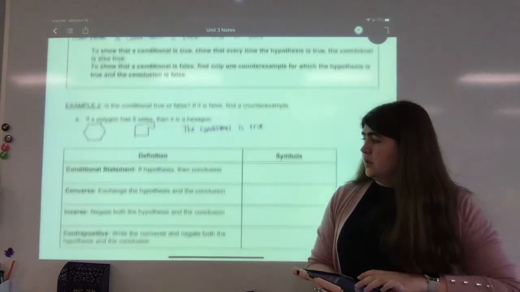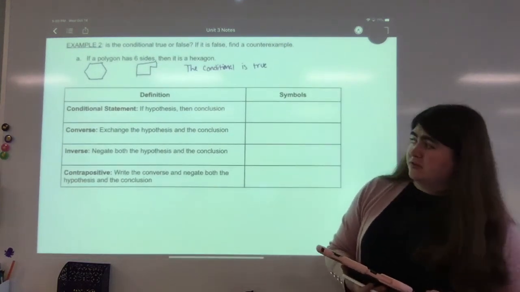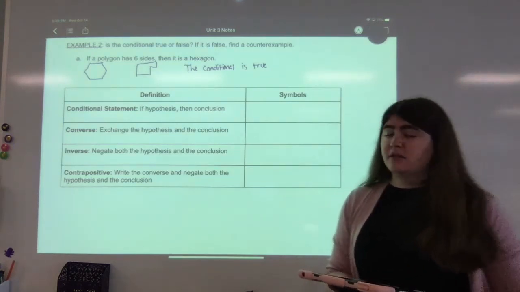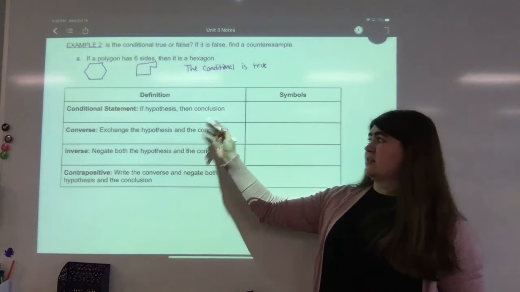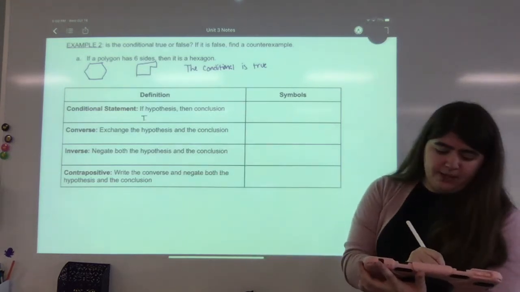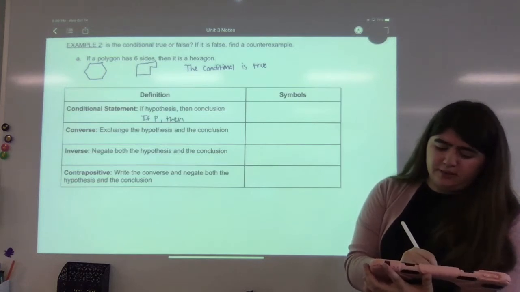All right. We have a few more definitions to go through here. So we have conditional statements. Conditional statements are statements that say, if hypothesis, then conclusion. Or in other words, we would say, if P, then Q. We already talked about that one.